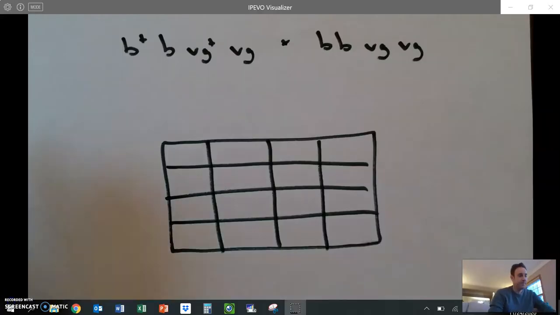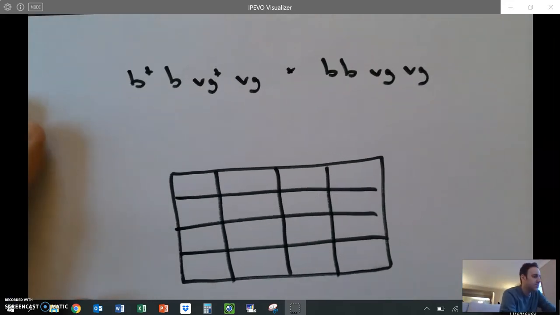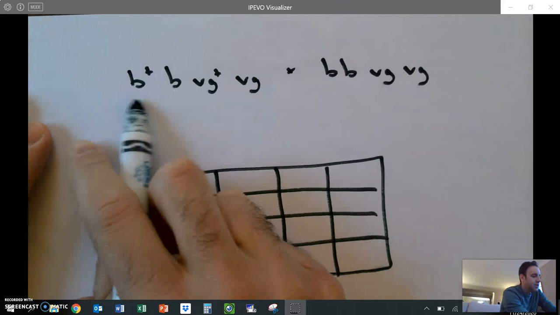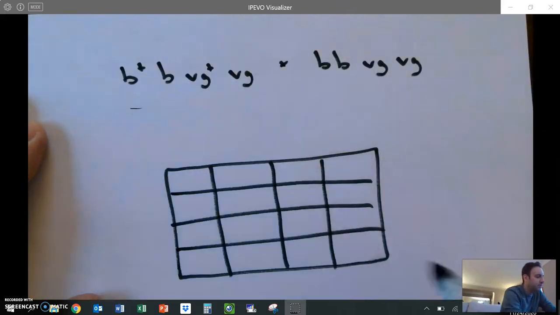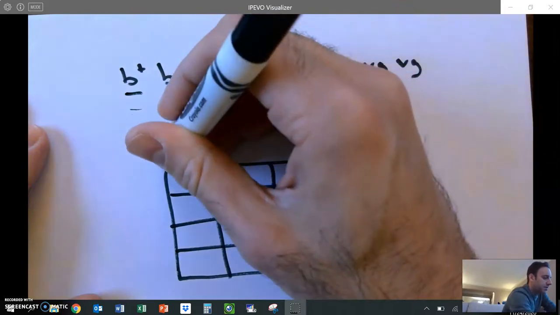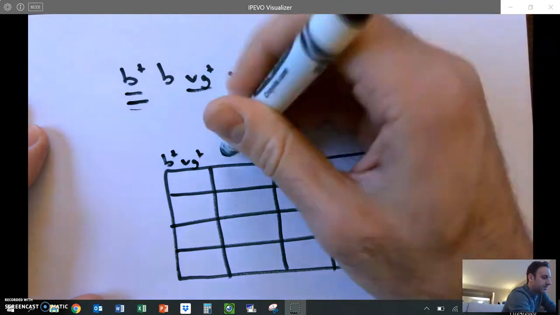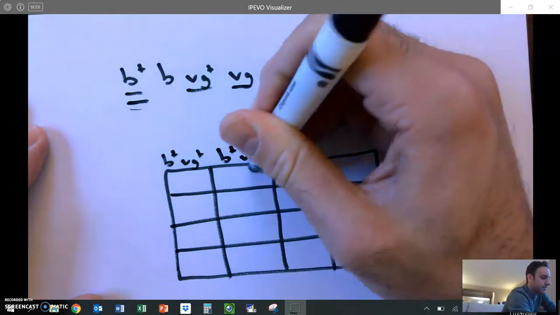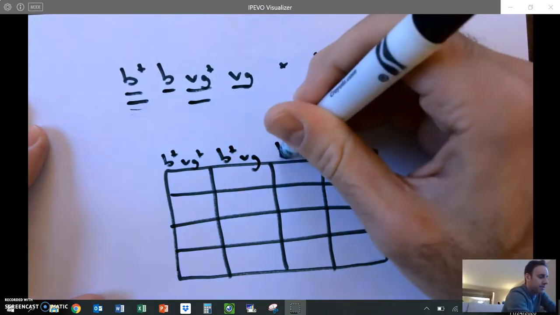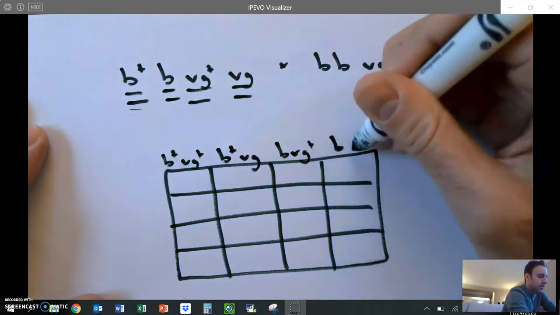So here we have our cross, and just like before, we got to make sure, based on the law of independent assortment, that we have each B allele combined with each type of VG allele. So B plus, VG plus, B plus, VG, B, VG plus, and B, VG.